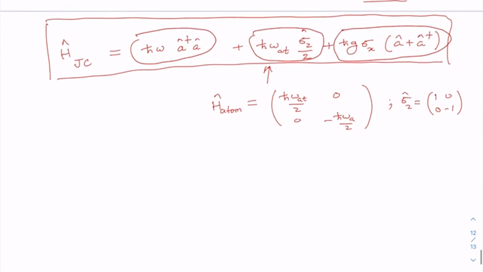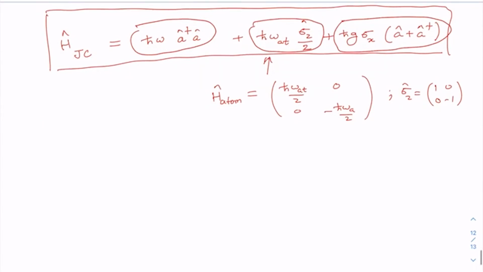In our case, we have a situation like this, where we have our transmission line resonator, and in the resonator we have a field mode like this, and this field mode is interacting with the Cooper pair box or any artificial two-level system.